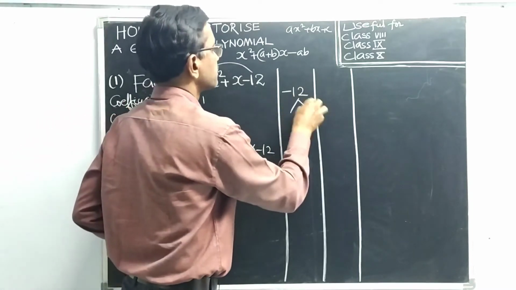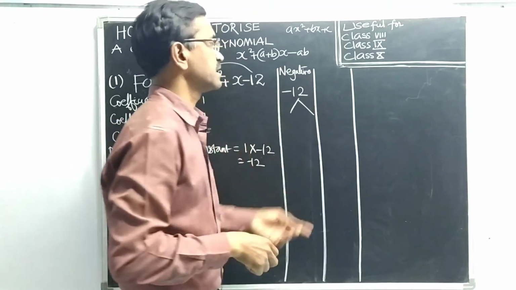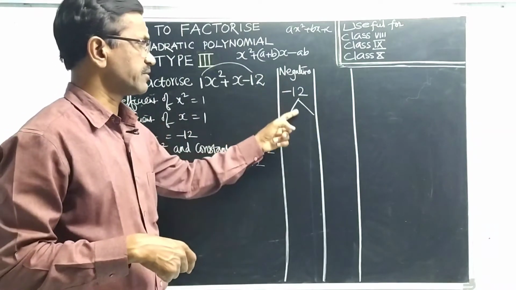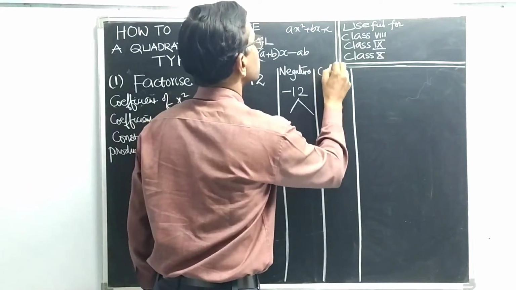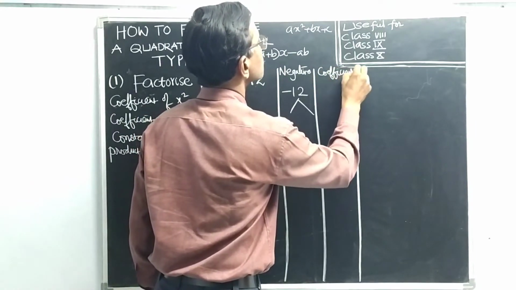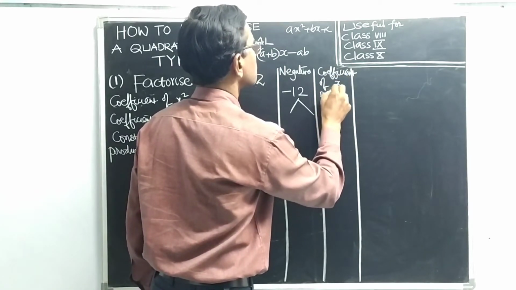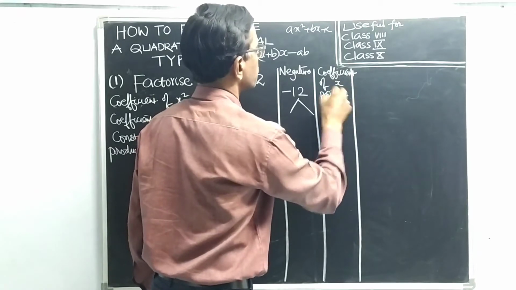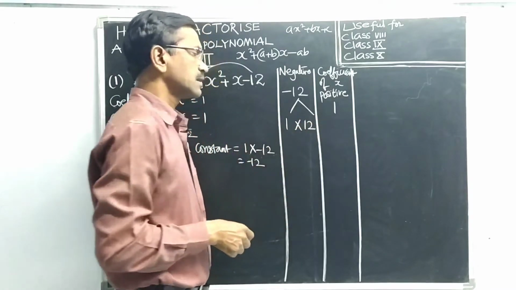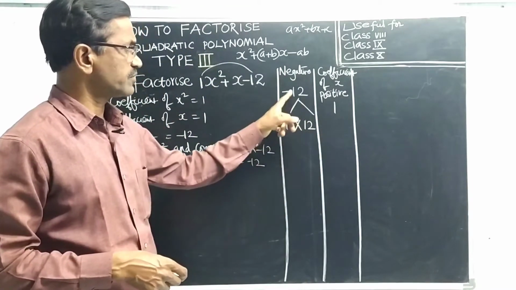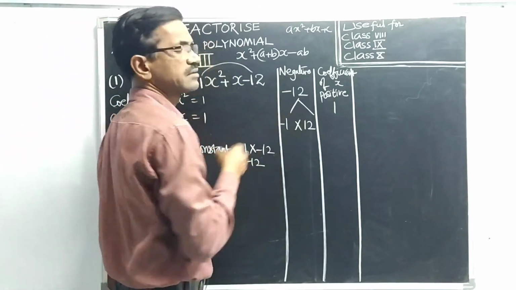Now let us split this one. This is negative. In the previous two videos the product was positive, but here it is negative 12, and the coefficient of x is positive, that is equal to 1. So let us start now. 1 into 12 is 12 only, but here minus 12 is there, so I have to assign a minus symbol to the 1.